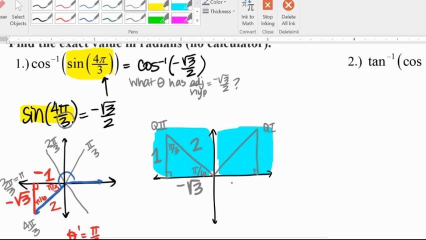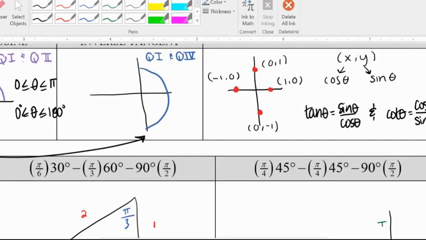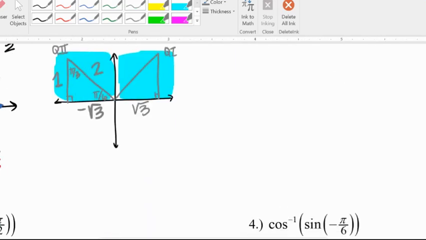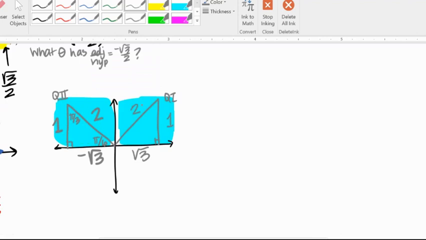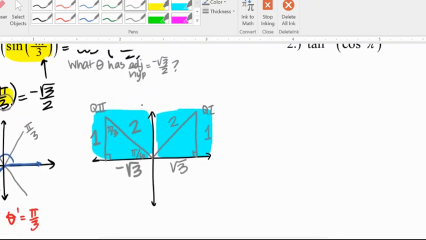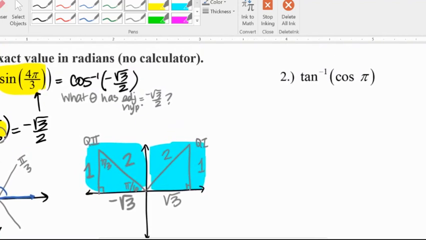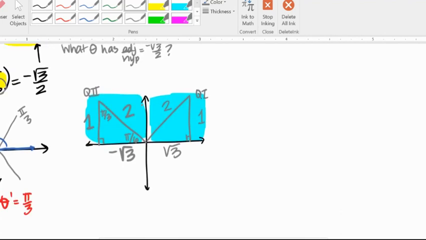Now, if I had set it up in quadrant 1, the root 3 would have been positive, and that's not what I'm looking for. Right? I needed the ratio to be negative root 3 over 2. Okay, so remember, pi over 6 is just the reference angle. So in this particular case, the reference angle is pi over 6.